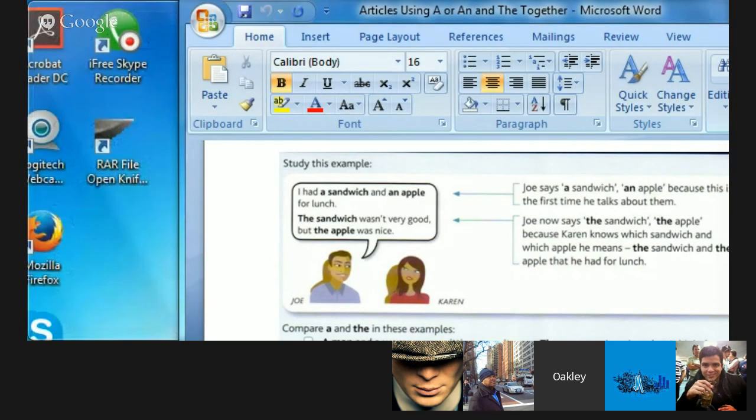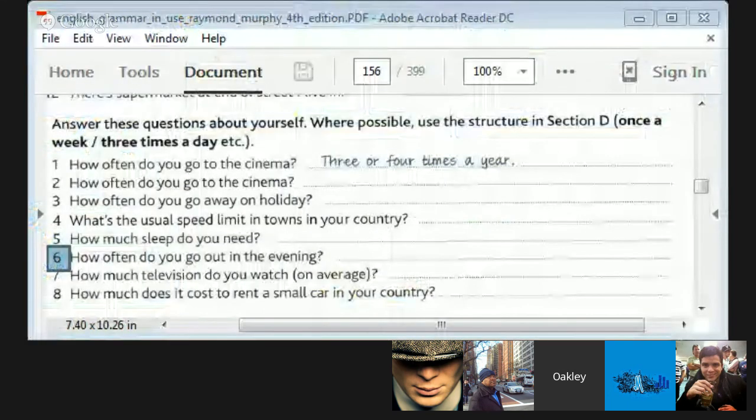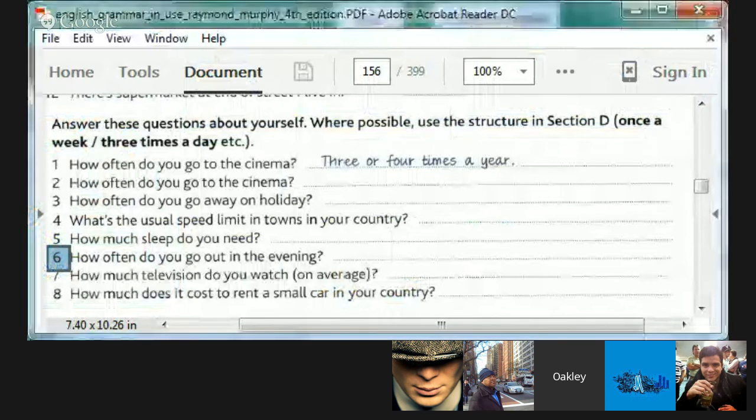No. When we talk about going out in English, we're definitely talking about going out for some type of entertainment. That may mean going to a restaurant, going to a nightclub, going bowling, going to a concert. At least once a week. At least once a week.